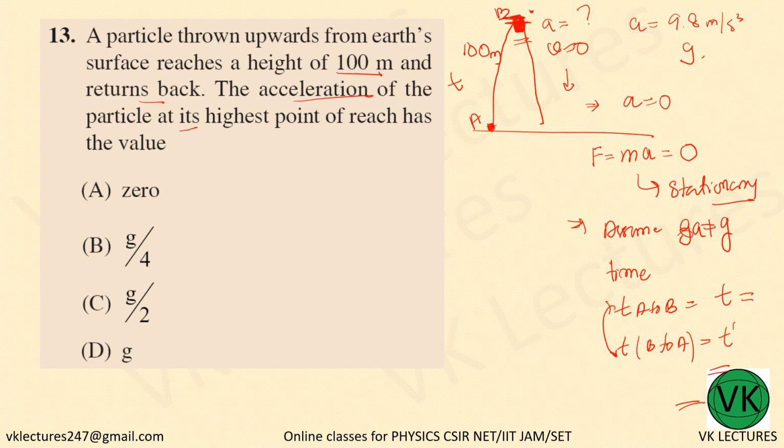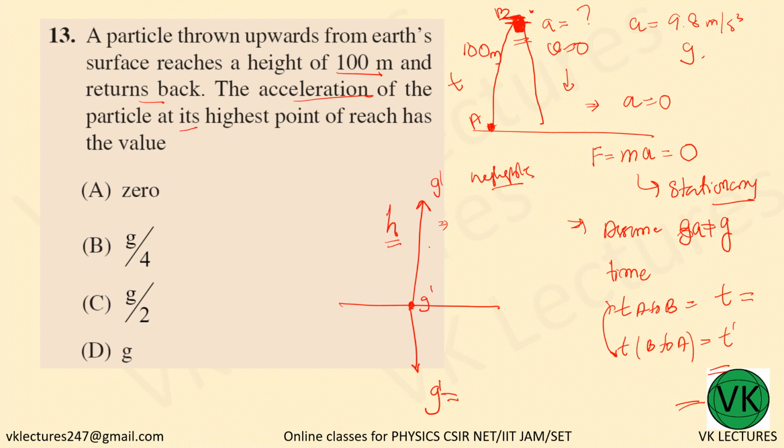Now another idea: if you go above the ground to some height, there is a difference in acceleration. The acceleration at this point is not equal to the acceleration at this point. There is a change, but that change is very negligible; it depends on the height change. As you go down into the earth, there is also a change in acceleration.